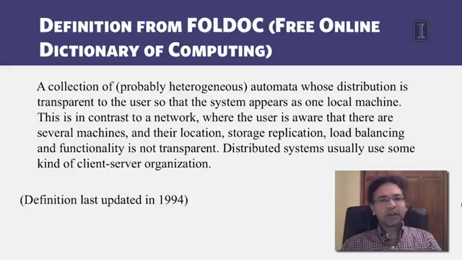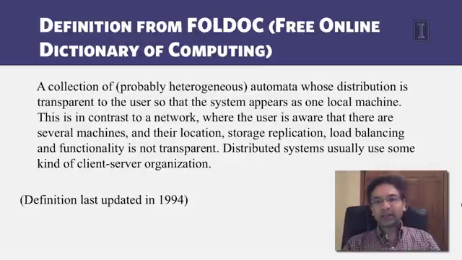So is there a good definition out there? Well, FOLDOC, the free online dictionary of computing, was helpful to us with the OS definition. So let's go back to FOLDOC for its definition of a distributed system. FOLDOC says that a distributed system is a collection of automata, essentially programs, whose distribution is transparent to the user so that the system appears as one local machine.